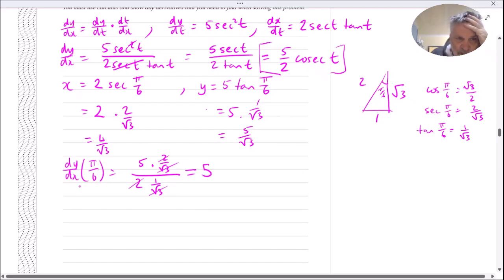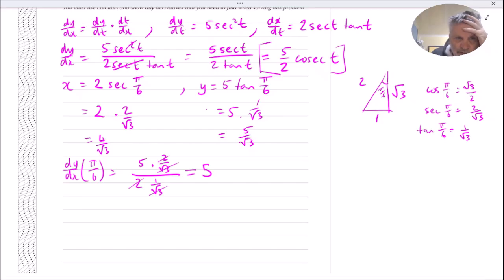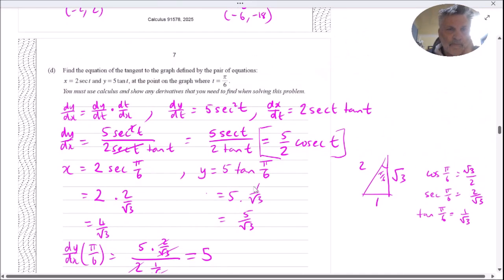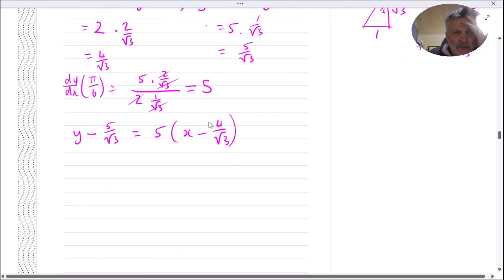So we want an equation that goes through this point, x, y coordinates, and with this gradient. So it's y minus 5 over root 3 equals 5 times x minus 4 over root 3. Find the equation of the tangent to the graph by the pair of equations.